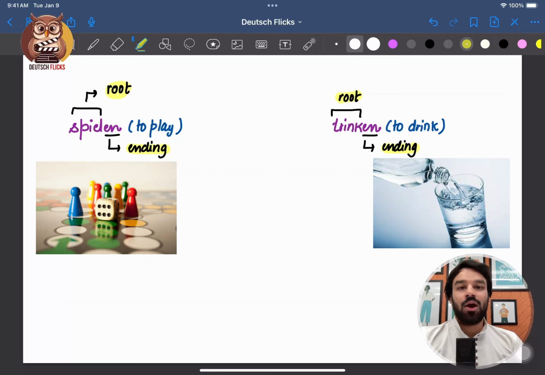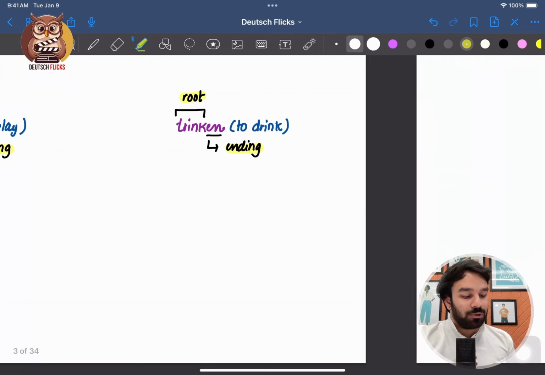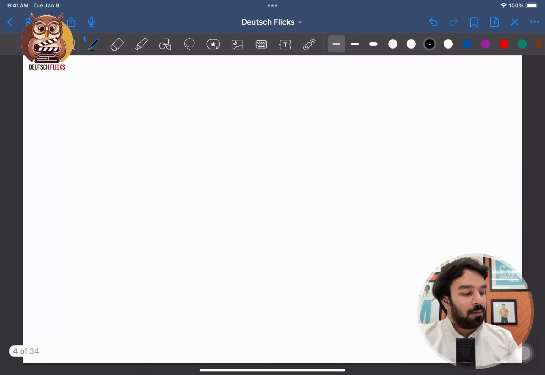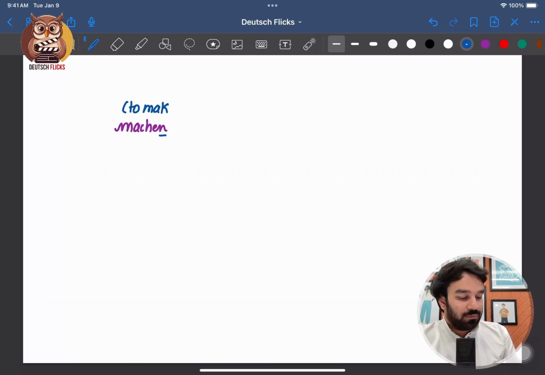So now that you have understood how to identify root and ending, we are good to go. So let's take the verb machen. So we are going to do the conjugation of the verb machen. Machen means to make something or to do something.